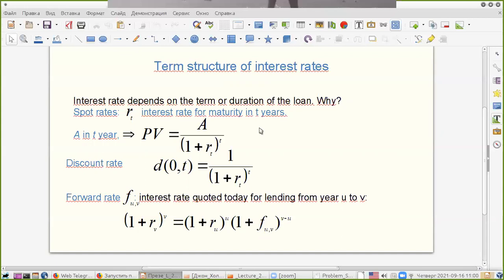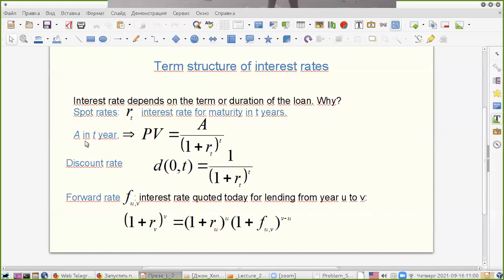So we come to the bank, and we know these spot rates for different T, because for 1 year there can be one spot rate, but for 2 years it will be a different spot rate.